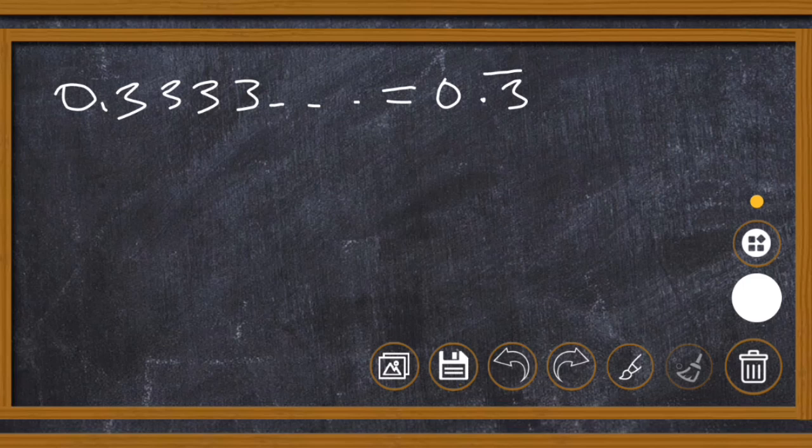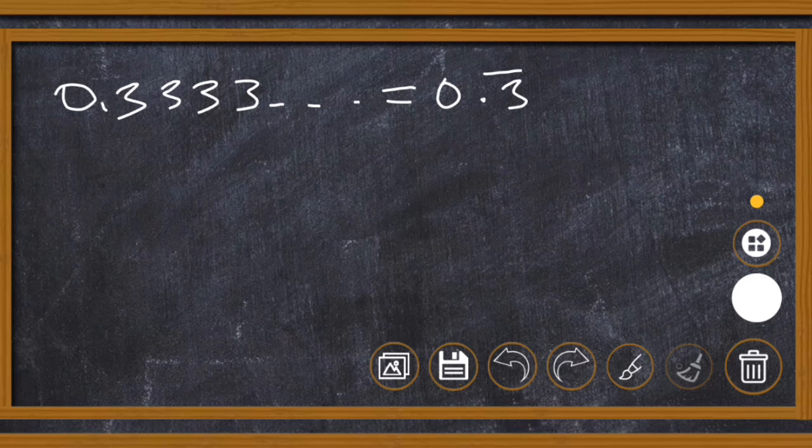So instead of writing decimal numbers with repeating figures, we simply write them with a bar on top of the repeating figures. All the figures which have this symbol up there are decimal numbers, which can also be called rational numbers.